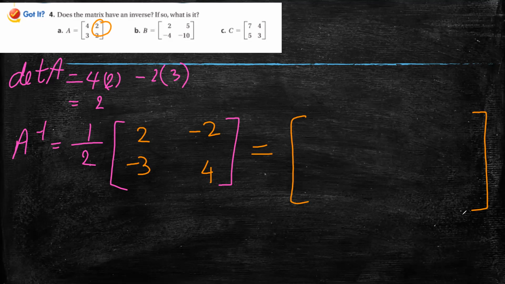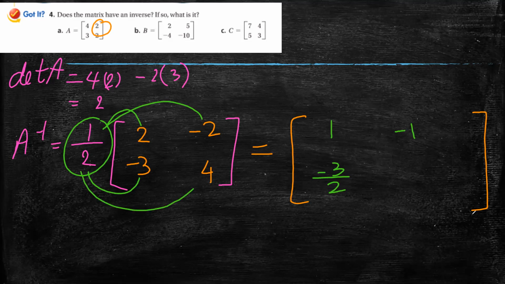This half you have to multiply with this matrix, each element. Half by 2 is 1. Half by negative 2 is negative 1. Half by negative 3 is negative 3 over 2. And half by 4 is 2. So this will be our A inverse.